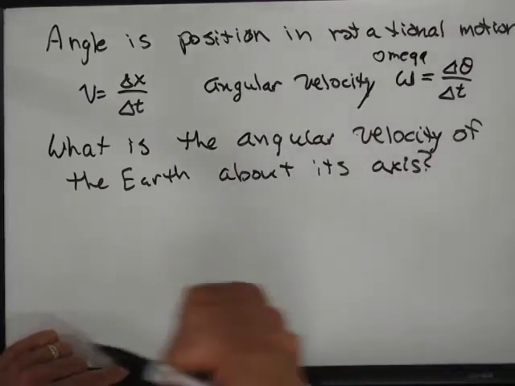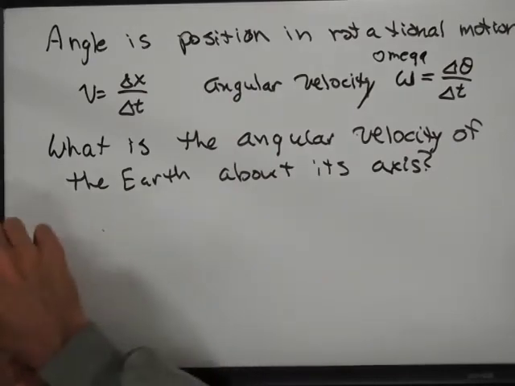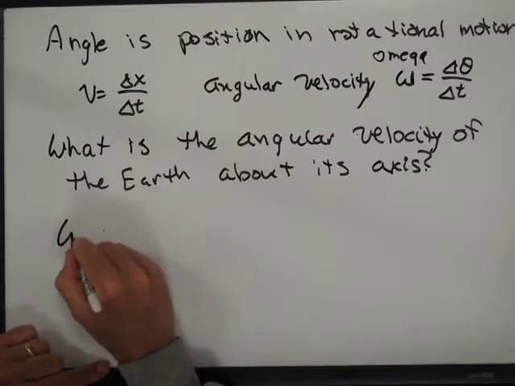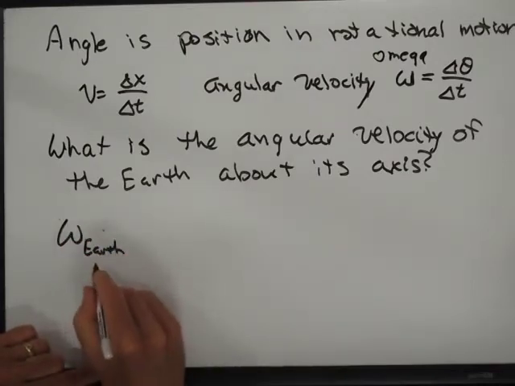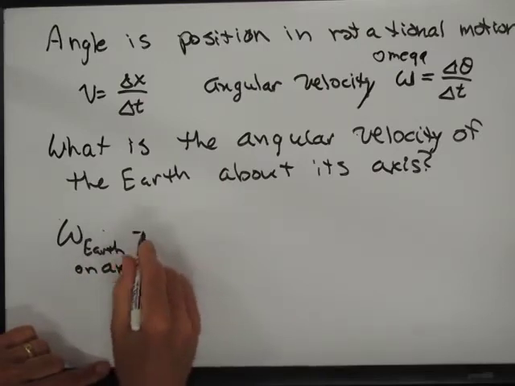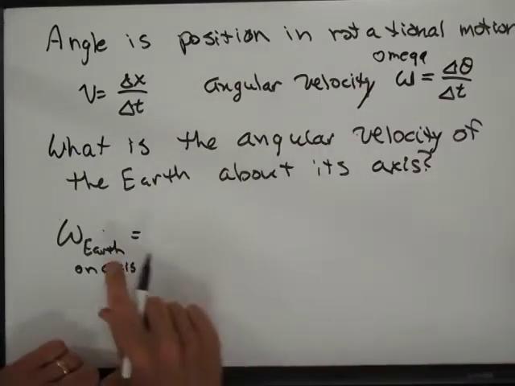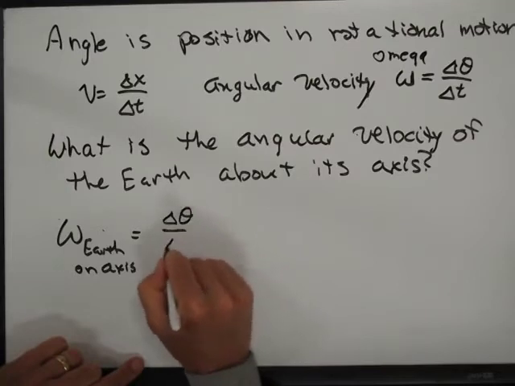In other words, the Earth spins on its axis, right, like a top. And so if we want to find out what the angular velocity of it is, well, we know that omega for the Earth, again, I can say on its axis. I realize this is saying a lot, but we could also talk about its angular velocity around the sun, which maybe we will in a minute. But on its axis, it's the change in angle with respect to time.